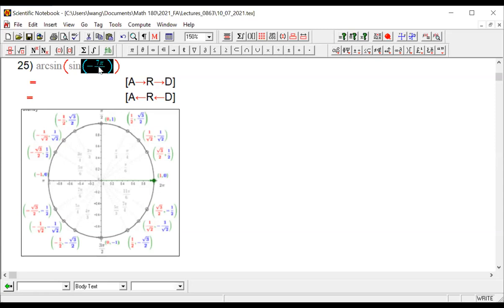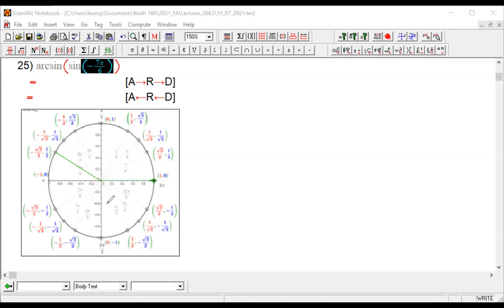So even though we have a negative 7 pi over 6, if we know A, we will measure the angle. How do we measure the angle? Clockwise. Beautiful. You guys really got it. I'm so happy to see this. So what is A?